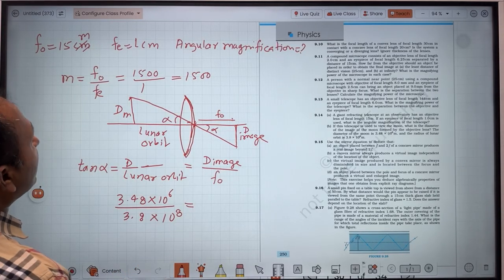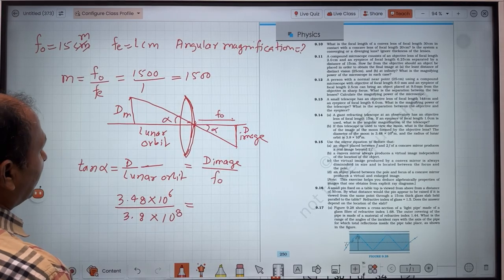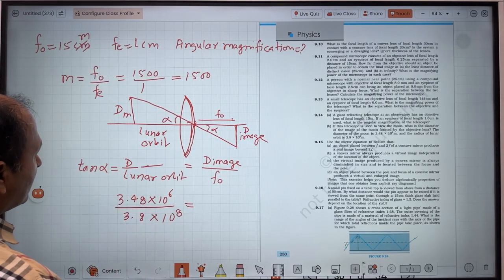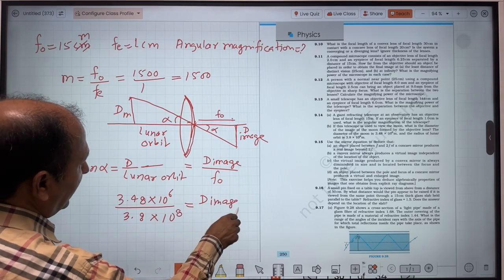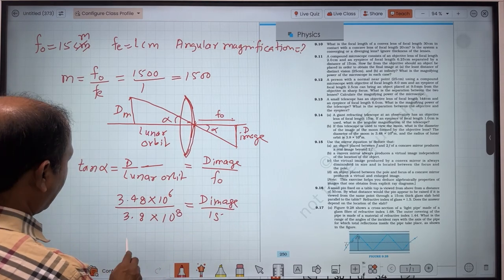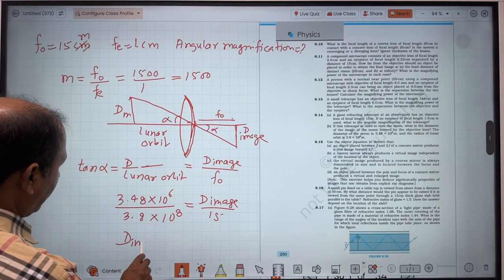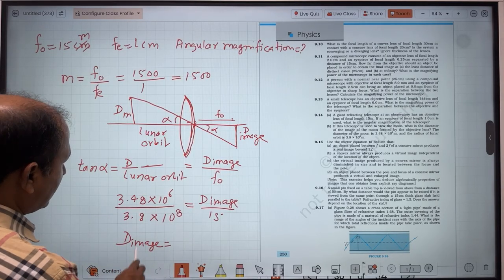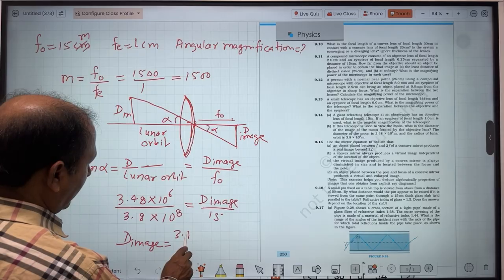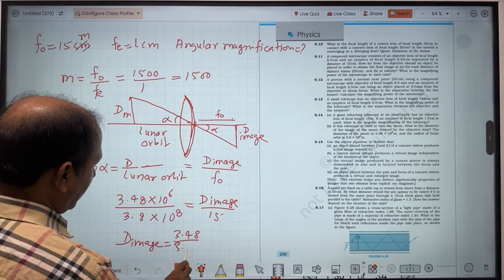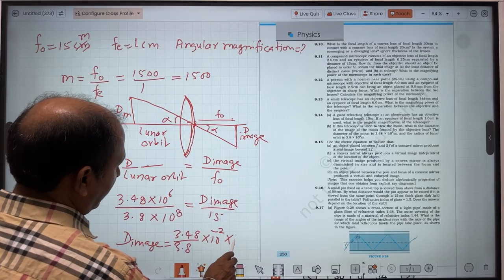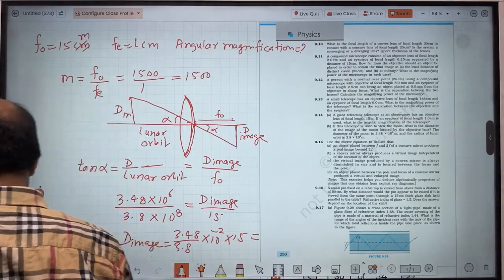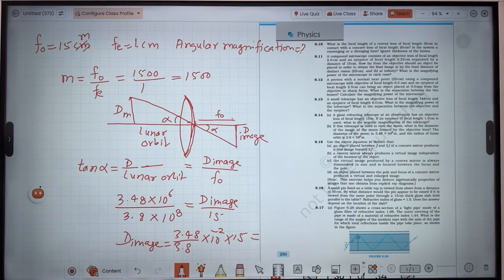Focal length of the lens will be just 15 meter because we are considering the objective. Now we can simplify it. D image is to be found. So 3.48 divided by 3.8 into 10 to the power minus 2 multiplied by 15, and this can be evaluated, which will come out to be 13.73 meter.